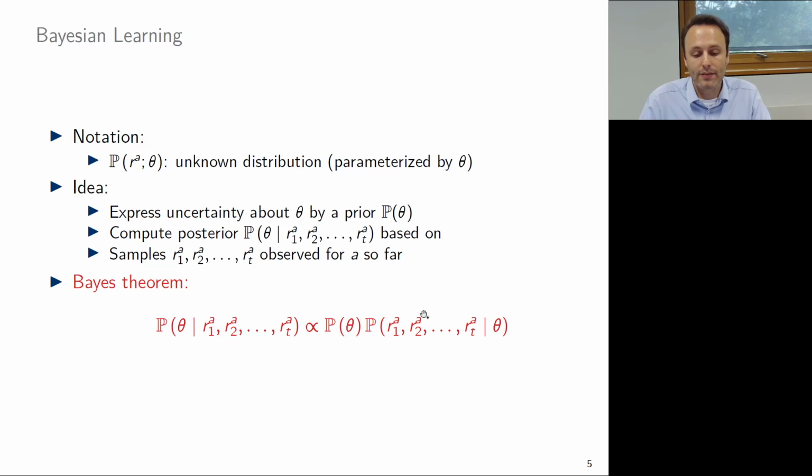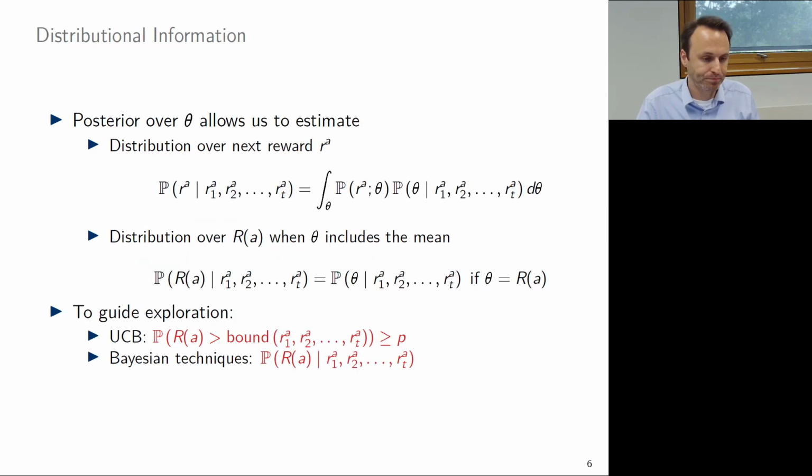And we use Bayes' theorem to update our priors. This gives us this formula here. The prior P of theta is multiplied with the likelihood, the probability of the data that we have given theta, and then we get a posterior distribution that is an updated prior.